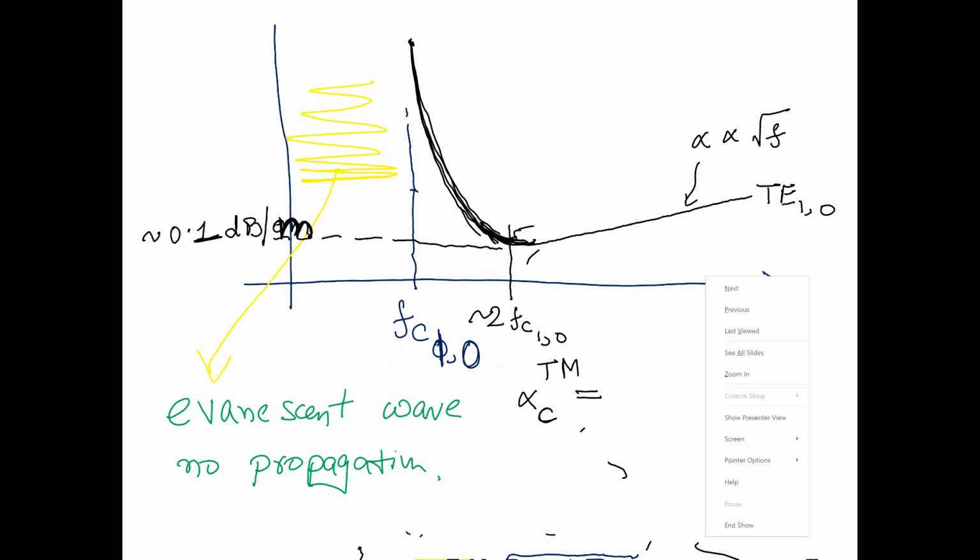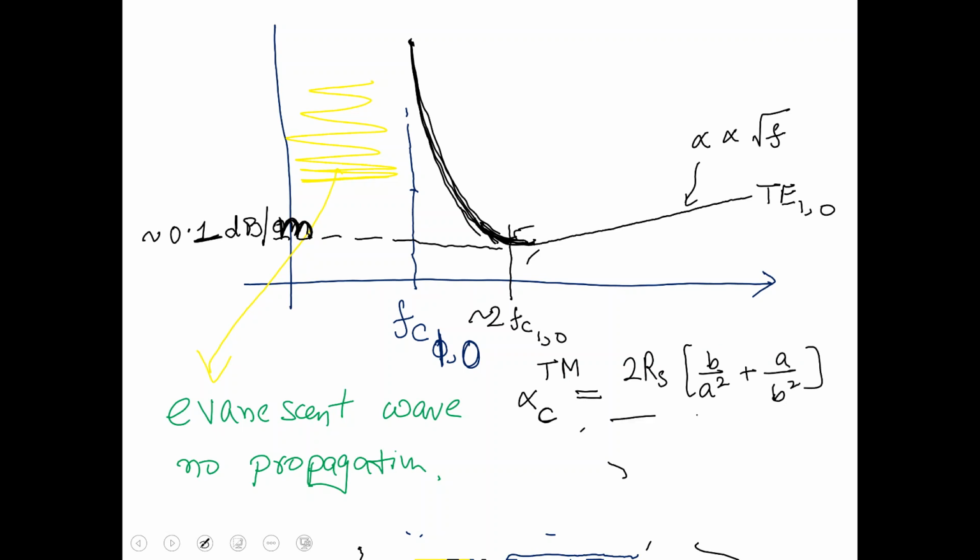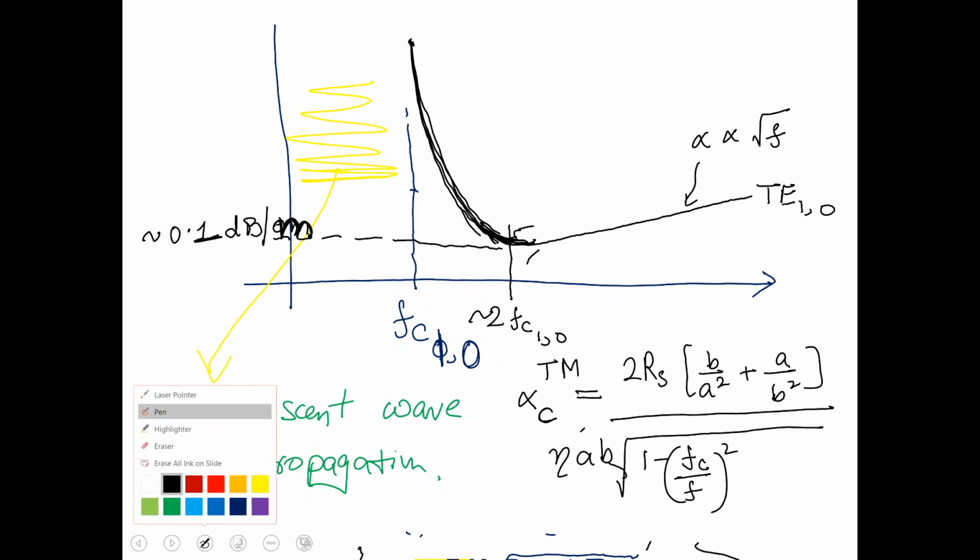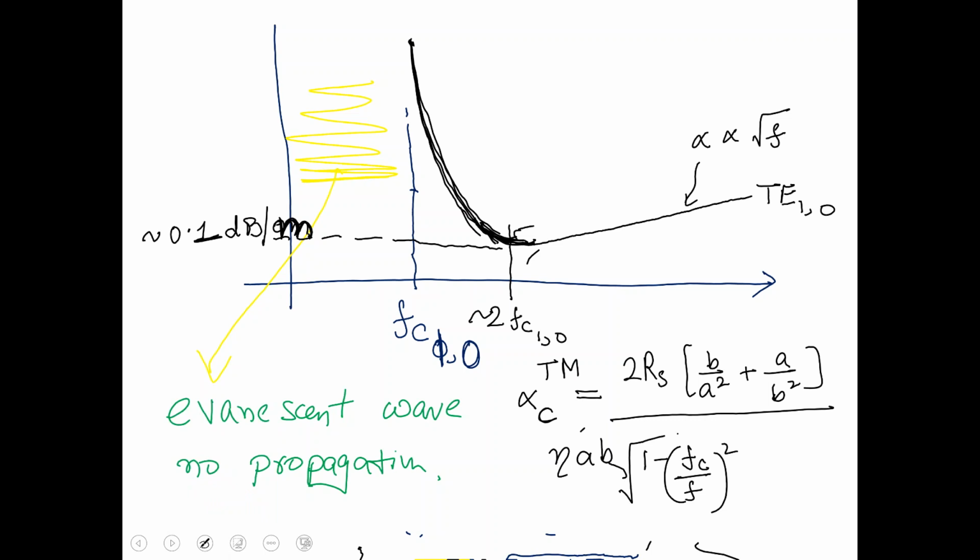This is going to be 2 Rs (B by A squared plus A by B squared) divided by eta A B square root of 1 minus (Fc by F) squared, and 1 by A squared plus 1 by B squared.